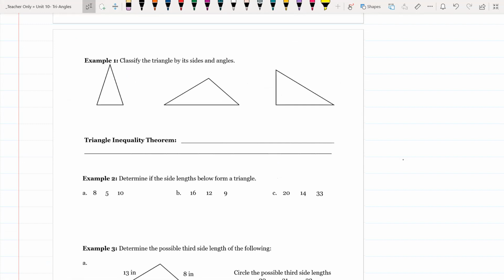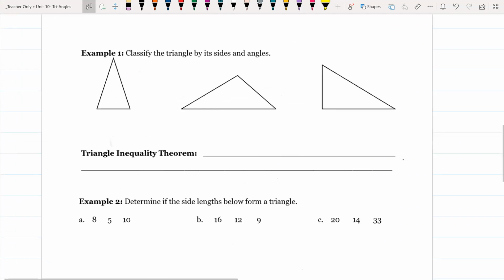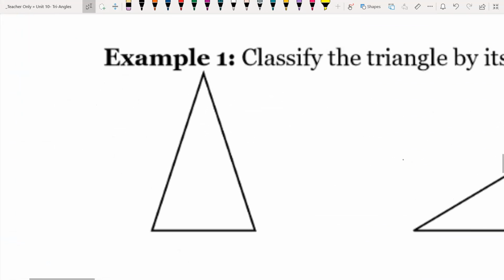Classify the triangle by its side and by its angle. Looking at this first one, all of these are less than 90 degrees, right? So if it's less than 90 degrees, then it's an acute, because they're all less than 90 degrees.